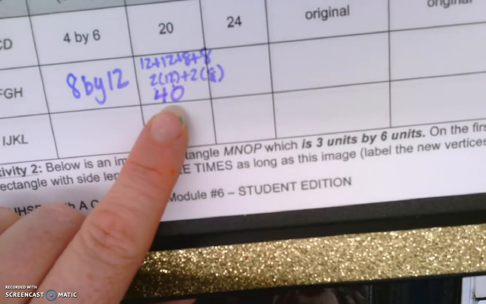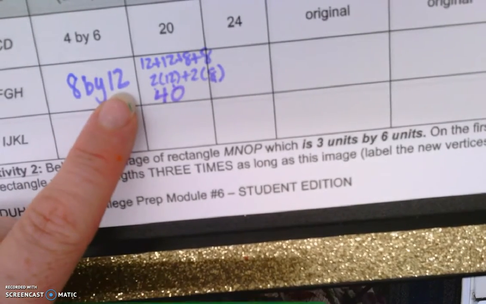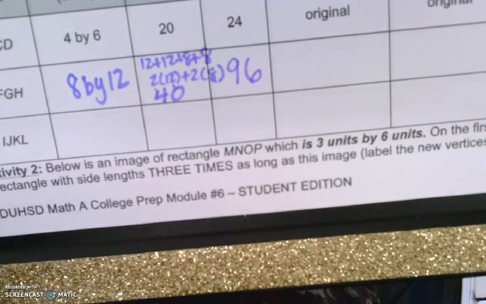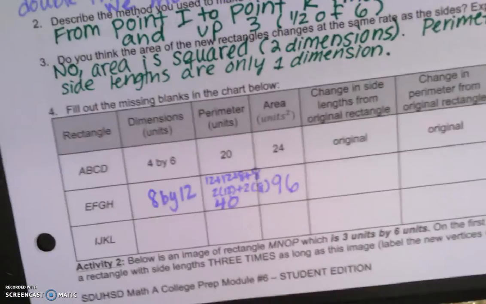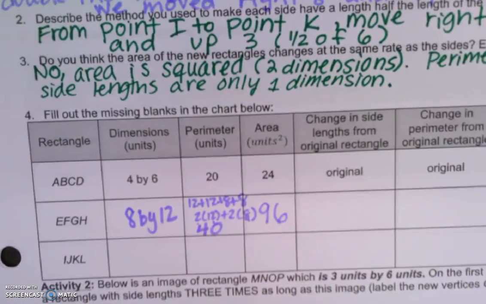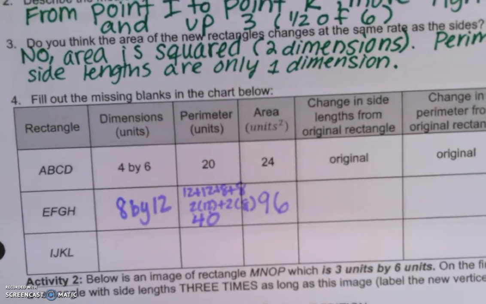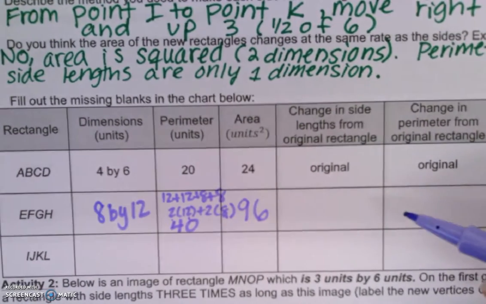And what was the area of our big rectangle? Well, that would be 8 times 12, which we said is 96. And notice we have our units squared in our chart that we're filling out. So what was the change in the side lengths from the original rectangle?